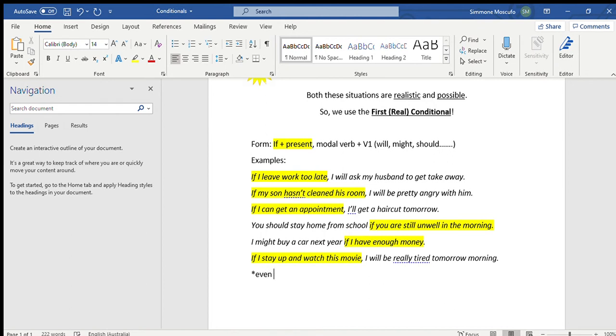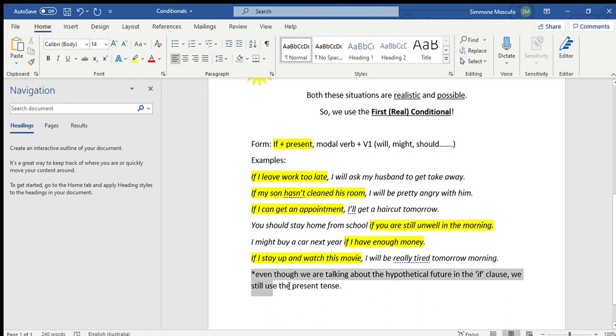So even though we are talking about the hypothetical future in the if clause, we still use the present tense. Okay, that's one thing that students seem to get quite confused with, all right?